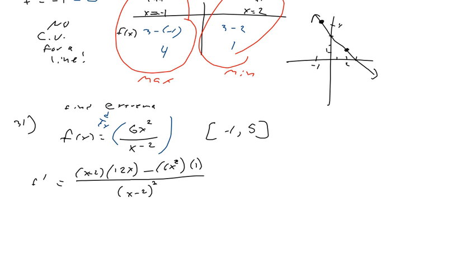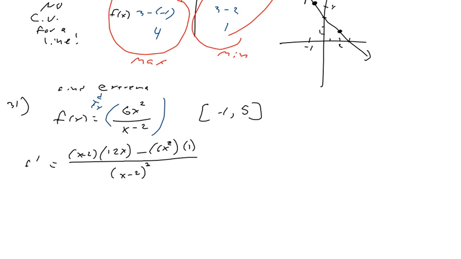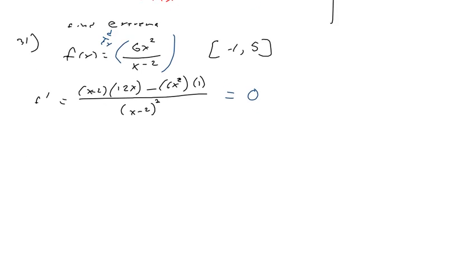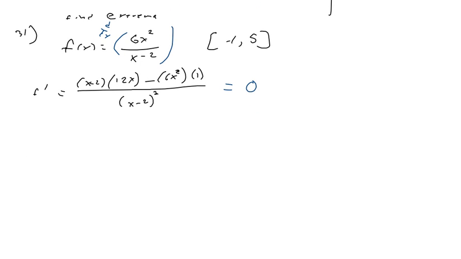And I want to set this derivative equal to 0 to find the critical values. So I've got to solve this where it's equal to 0. That just means I'm doing algebra. So I have to take this top part and do a bunch of simplifying. Let's see.